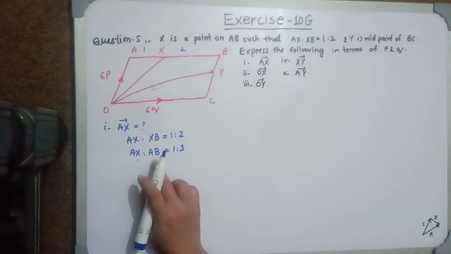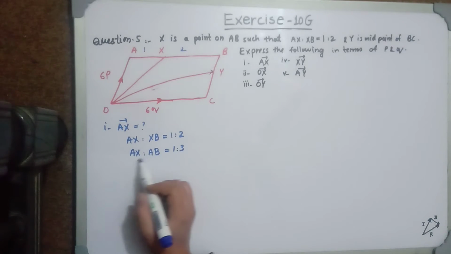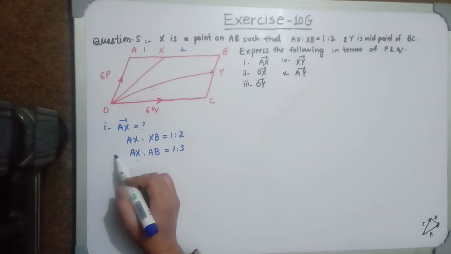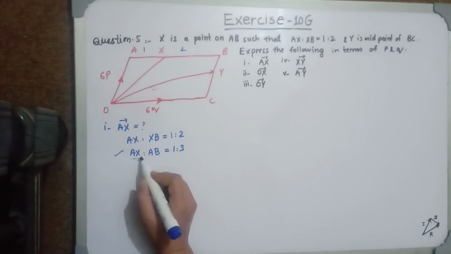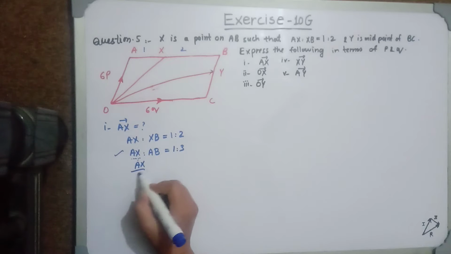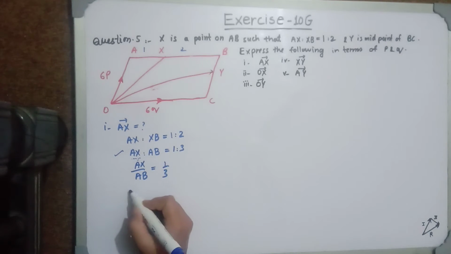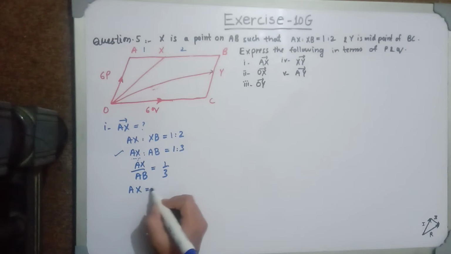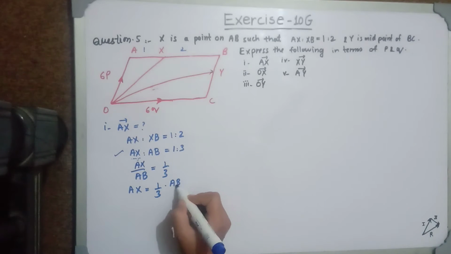The reason why I have taken AB is because I know the value of AB. So if I write the ratio in this form, then I can easily find AX. So now I can write AX over AB is equal to 1 over 3, right? From here AX will be equal to 1 over 3 multiplied by AB.